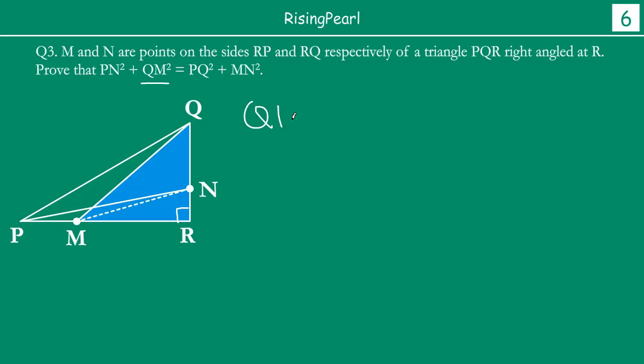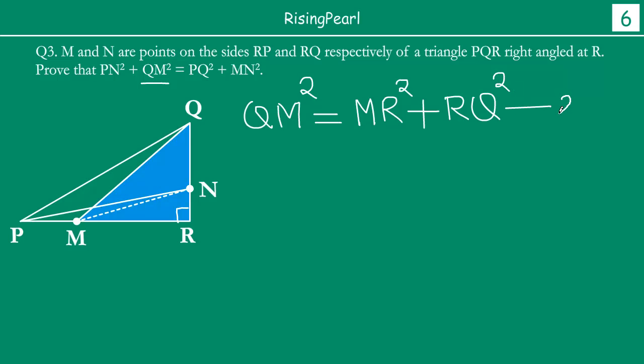Pythagoras theorem, QM square is equal to MR square plus RQ square. Let's call this equation number 2.